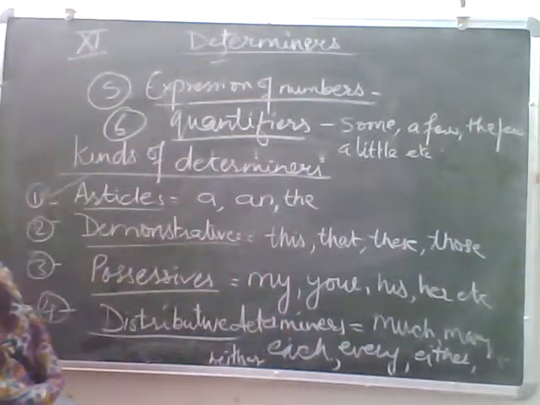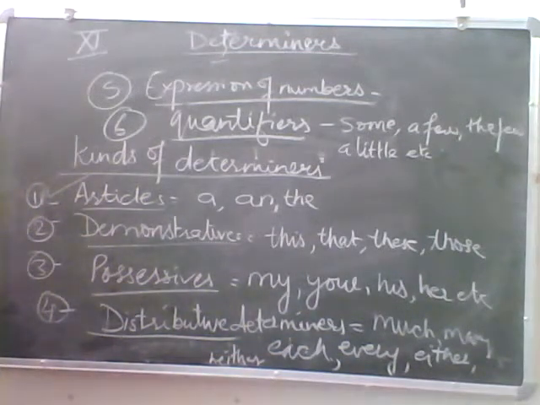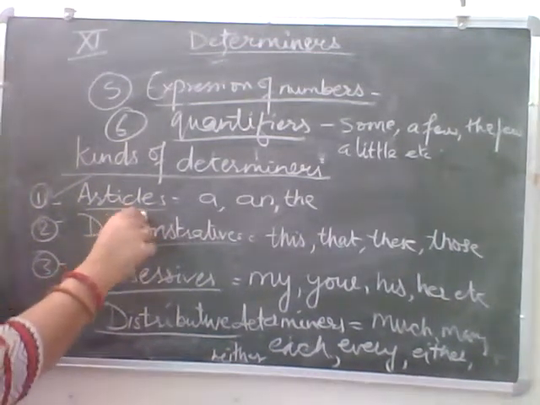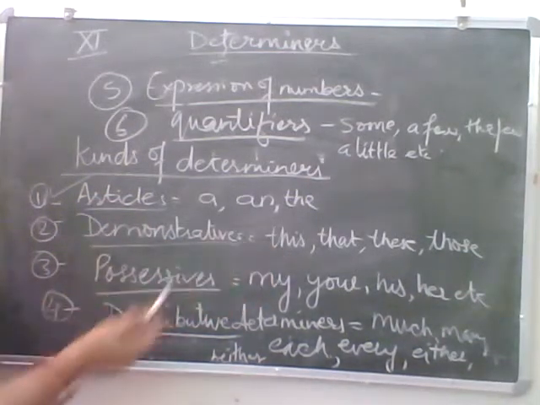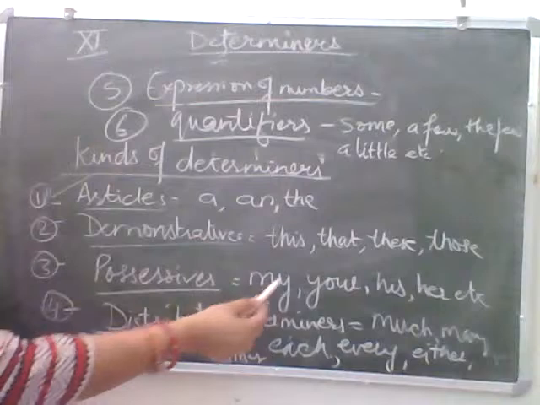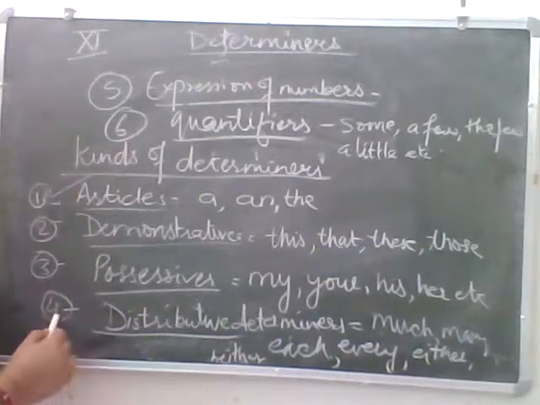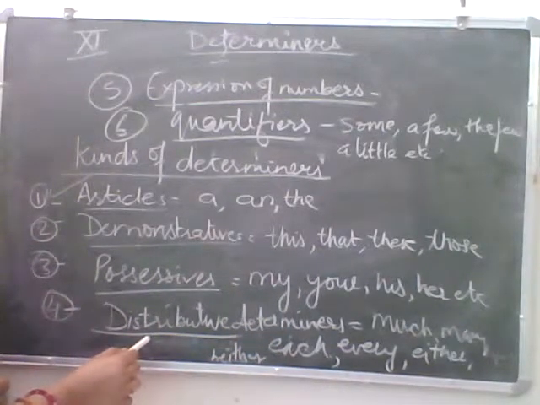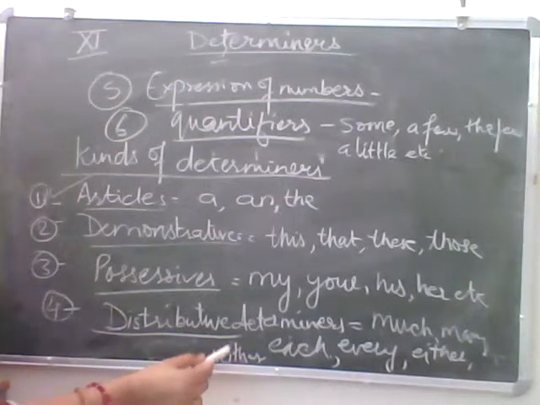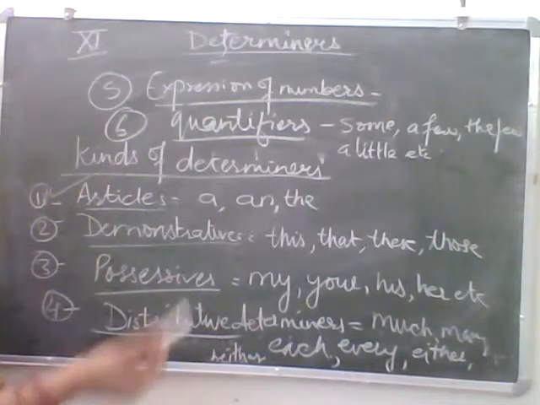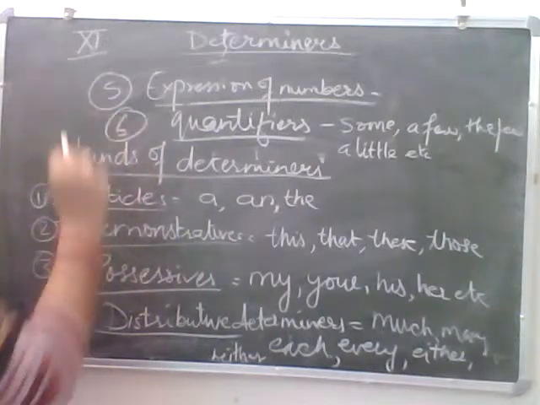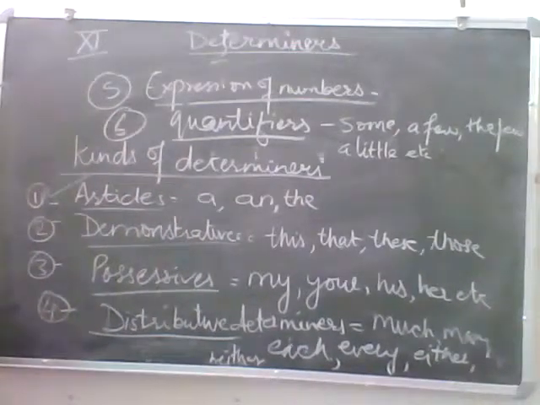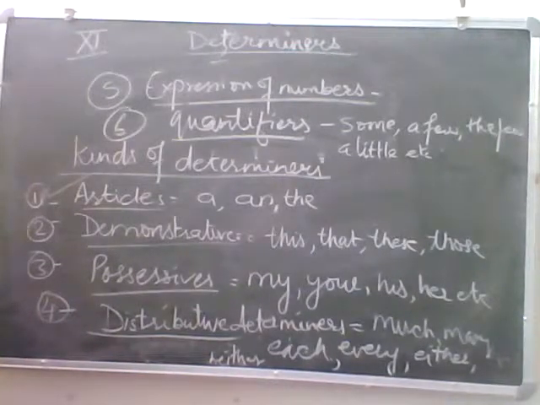And we have discussed the kinds of determiners. We have talked about articles, the demonstratives, which include this, that, these, those, and possessives: my, your, his, her, etc. Fourth is distributive determiners like much, many, either, neither, every, one, and any, etc. Then we talk about expressions of numbers, which include ordinal numbers like first, second, third.